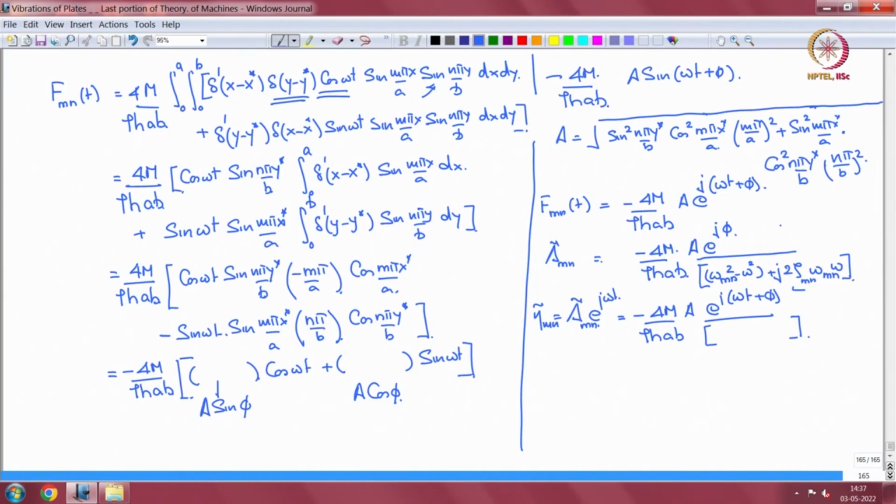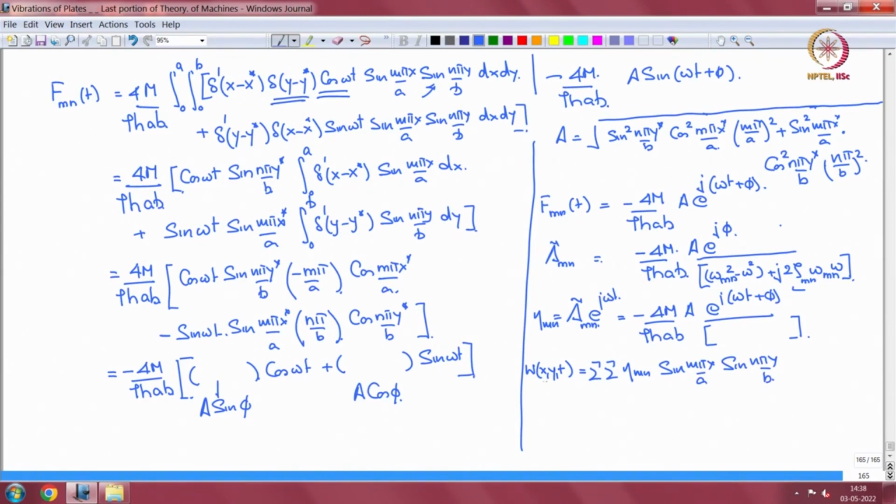Okay. Then finally what? Finally we have w of x comma y comma t is double summation eta mn sine m pi x by a sine n pi y by b.